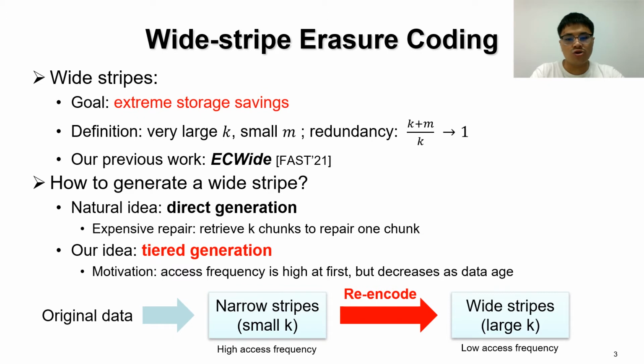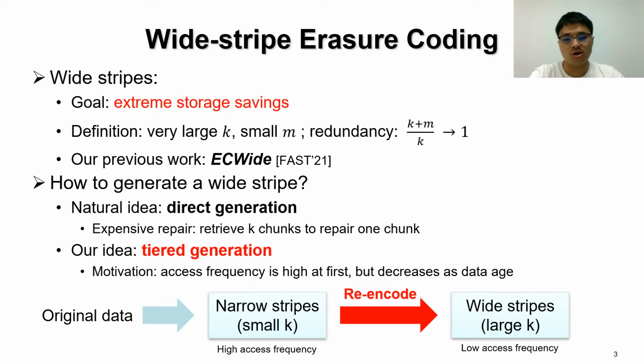One natural idea is to generate it directly when the data is first written. But we should take performance into consideration too. Actually, you need to retrieve k chunks to repair a single chunk. So we tend to adopt a tiered approach to generate it. Our motivation is that the read frequency is high at first, but it decreases as the data ages.